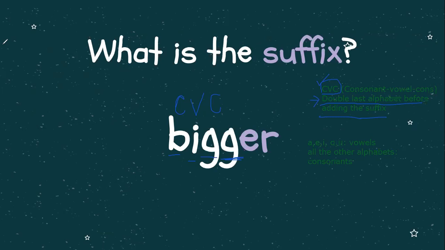For example, he begged for mercy. You know the spelling of beg, but you don't know the spelling of begged. So next time, be careful while adding something to a CVC word. Remember that you have to double the last alphabet before adding the suffix. All right, let's move on.